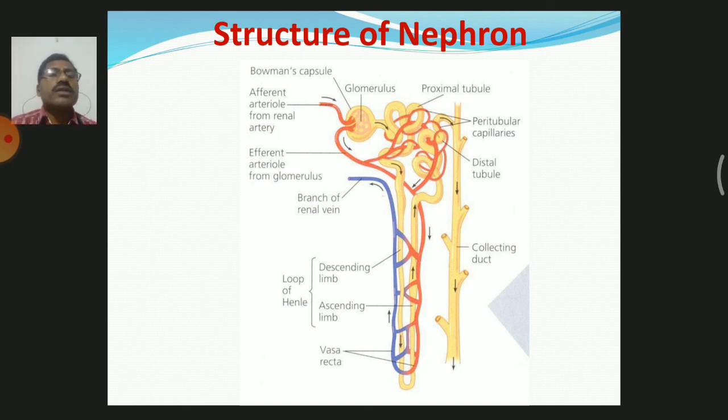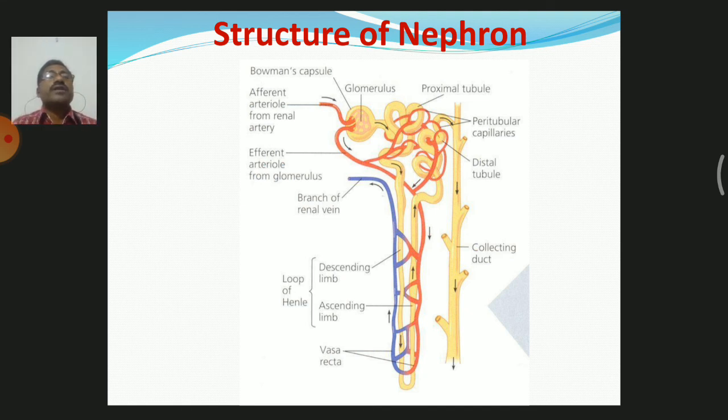There is one important structure, the vasa recta, the blood capillaries around the loop of Henle. Then the ascending limb leads into the distal convoluted tubule, and finally the distal convoluted tubule opens into the collecting duct. So this is the structure of a single nephron.